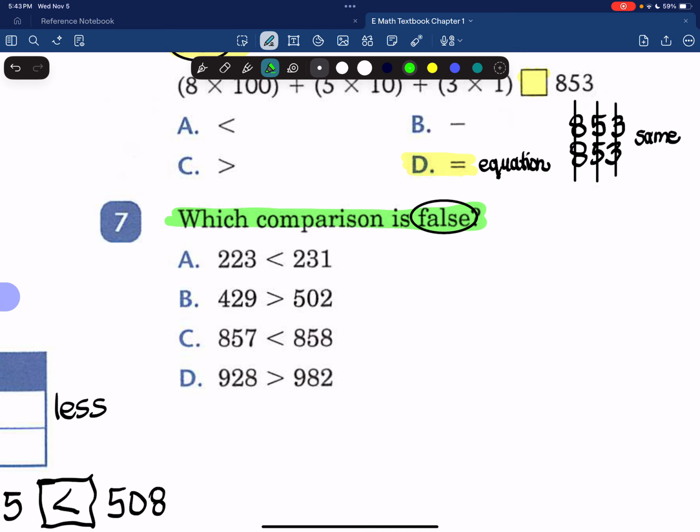So if we compare, our hundreds places are the same, but this 2 and that 3 are not the same. And 223 is indeed less than 231. So that statement is true. Here we have 429 and 502. So the 4 and the 5 are not the same, and the 4 is not greater than the 5. So this is a false statement.